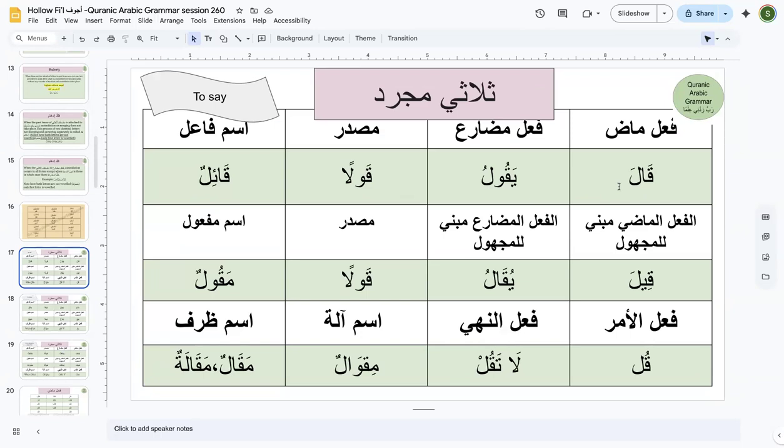When you think about yaqwulu, you will know that since waw was carrying a dhamma and the letter before was sakin, ya, a waw was generous enough to give its haraka to the letter before, and there is an application of rule number 2. Qawlan, any rule being applied? No rule being applied, right? Everyone so far with me?